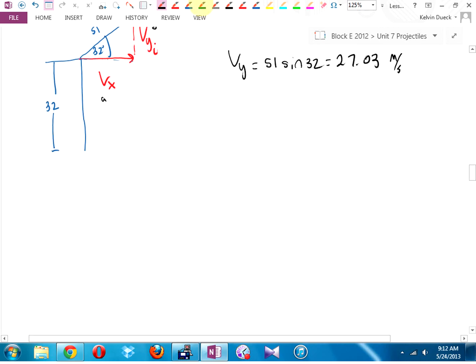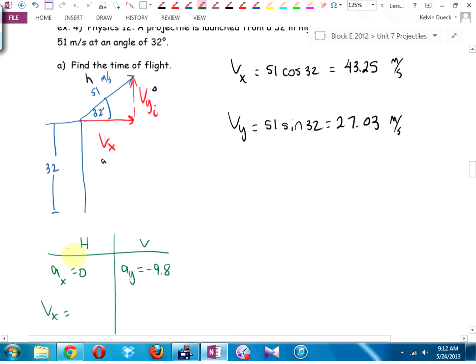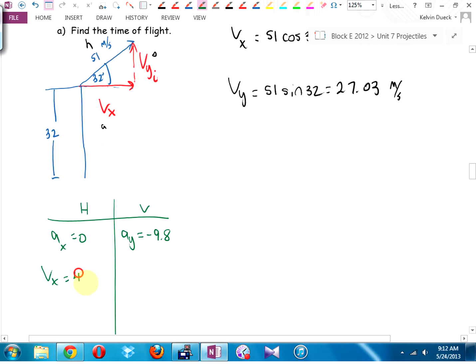So let's go horizontal, vertical. I know ax is 0. I know ay is negative 9.8. I know that Vx is, oops, I scrolled down too far, 43.25.